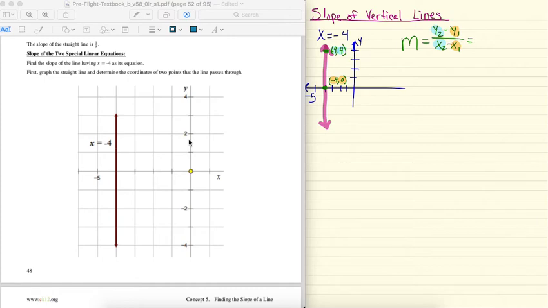So I'm going to have 4 minus, because that's my y2 value, 0, divided by my second x value, which is actually the same as my first. It's -4. So I end up with -4 minus -4 in the denominator.